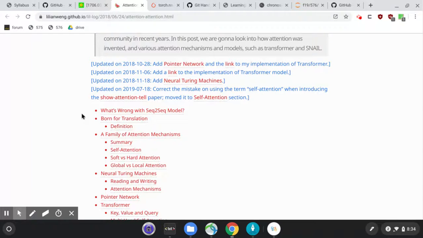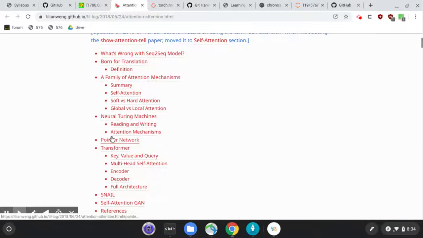There's something in between, which I guess is not very important for this course: neural Turing machines and pointer networks. What is important for us is this part, the transformer subsection: the notion of key, value and query, the notion of multi-head self-attention, the encoder, the decoder, and the full architecture. This is what we're going to go through in the next 20 minutes or so, or maybe even less.